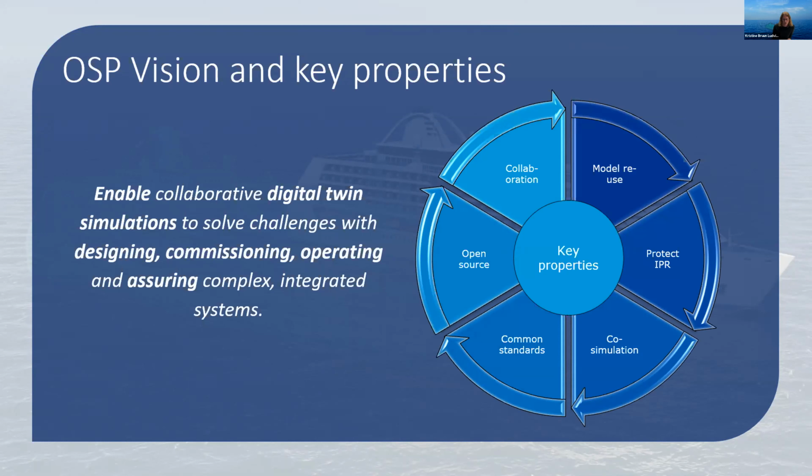First of all, in the upper right corner here, simulation models are used for a range of applications today. OSP must enable model reuse to achieve the scale and efficiency of building digital twin simulators. Protection of IPR is essential in order to actually be willing to share and reuse models.